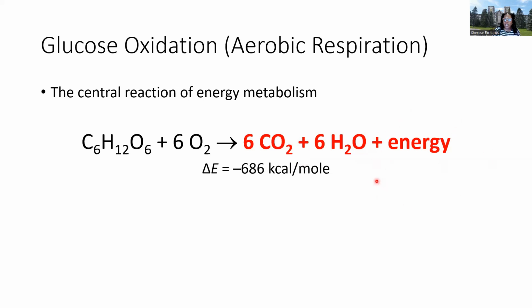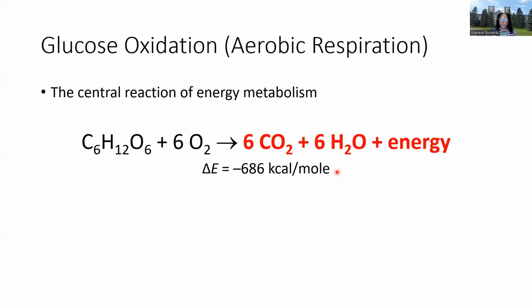So the central reaction for breaking down glucose is written here. And the delta E, right, the energy change is about negative 686 kilocalories per mole, all right? So this is basically representing how we take food in. Let's say you had a piece of bread for breakfast this morning. You brought it into your GI tract.